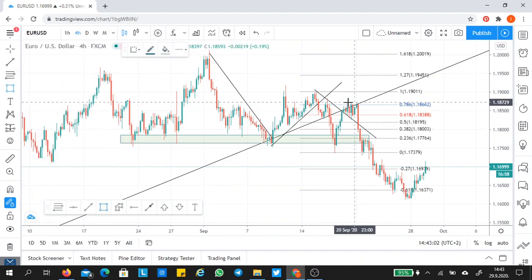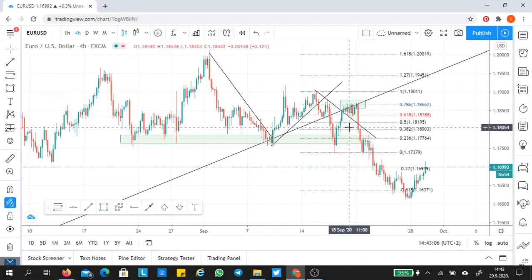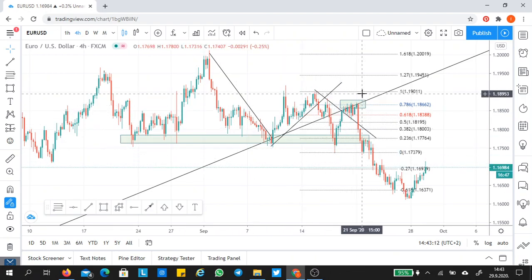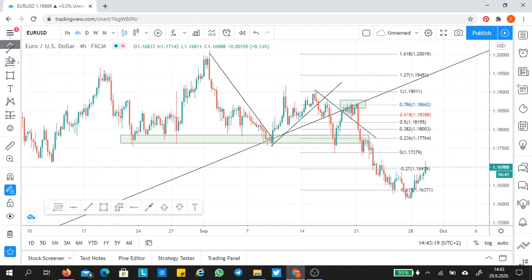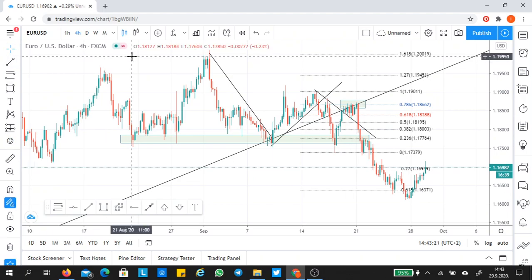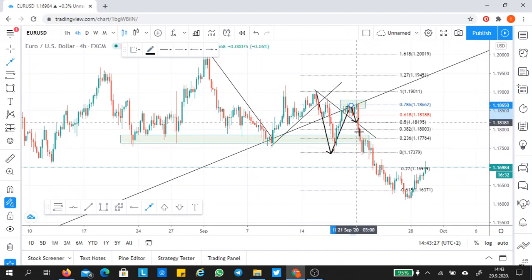With 78.60 respected numerous times, as well as the trend line on daily broken and retested, this was really something that could be explored.